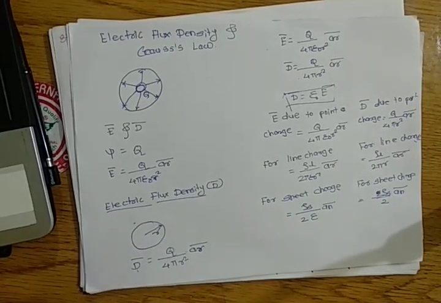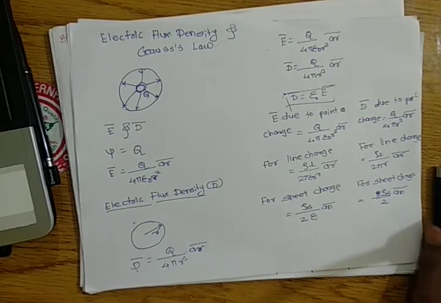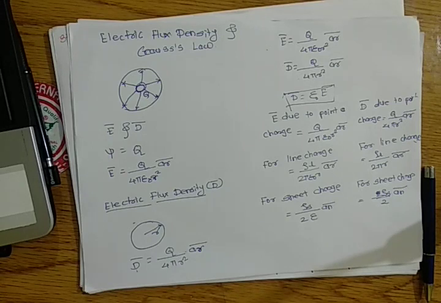Okay, so that is the way you have to define the D bar. It is totally similar to the E bar, you just have to remove the epsilon 0. So that is the electric flux density.